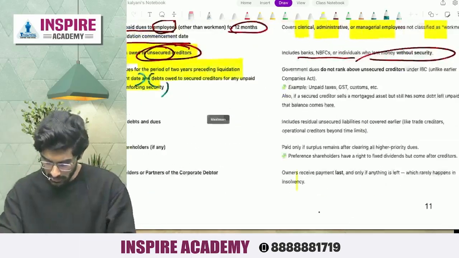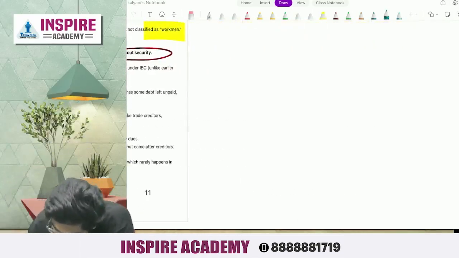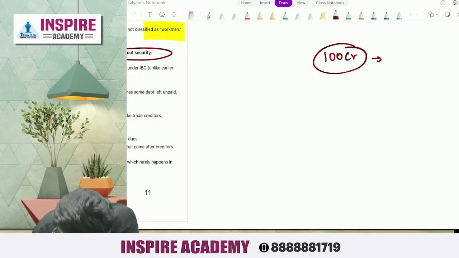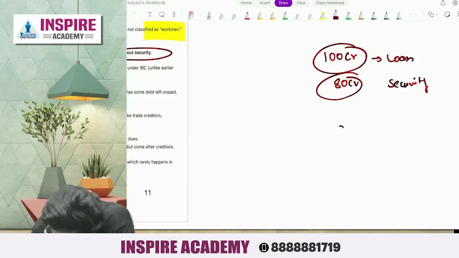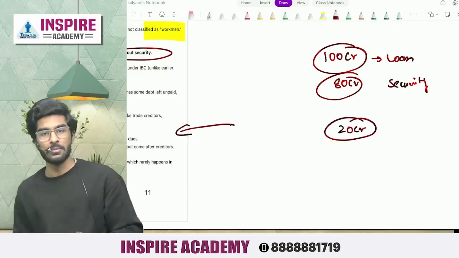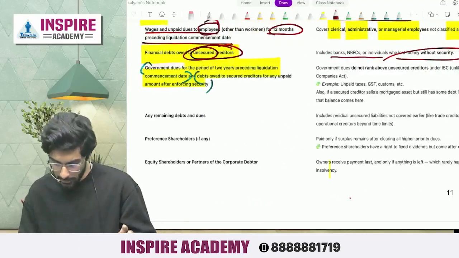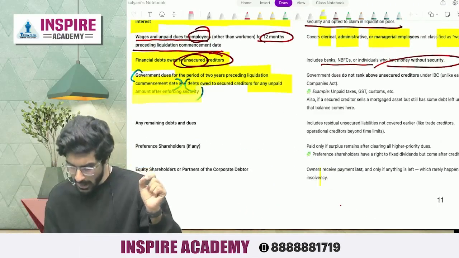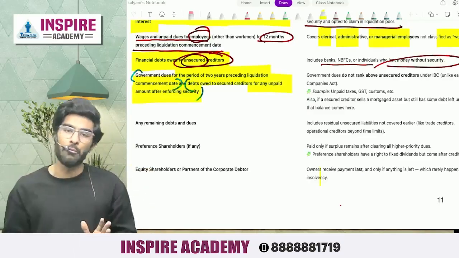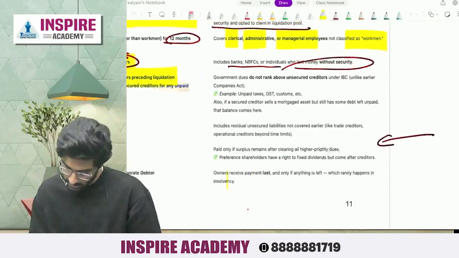The reason is, people, if you have taken a loan from a bank for 100 crores and the security is only 80 crores, and the bank has sold the security, for the remaining 20 crores the bank is waiting for getting repaid.